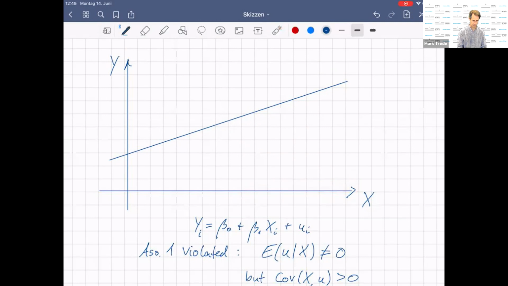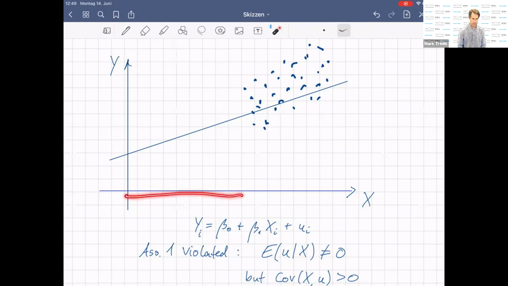So let's put a few dots here. Not all of them are positive, but they tend to be positive. While if X is small, in this area here, the error terms tend to be negative. Not always, but on average.